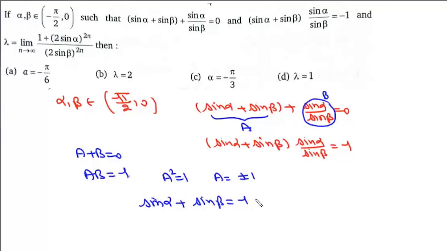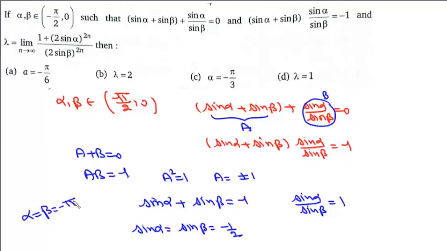And if a is minus 1, then b is plus 1. In that case, sin alpha upon sin beta, it should be plus 1. So from here, we'll get this condition that sin alpha equals sin beta is equal to minus 1 by 2. Alpha and beta, they're equal, and they're equal to minus pi by 6. So alpha is minus pi by 6.